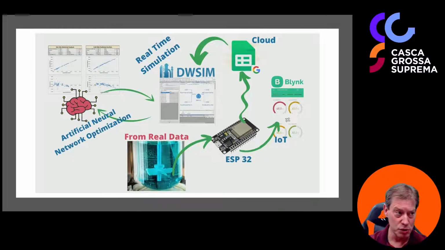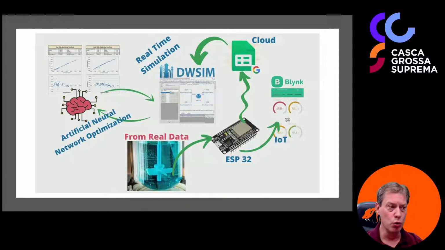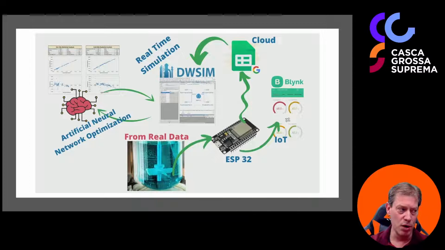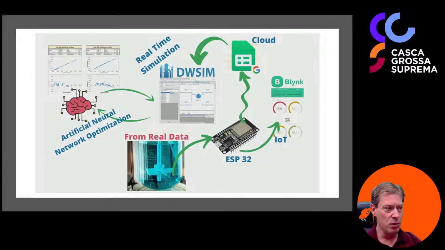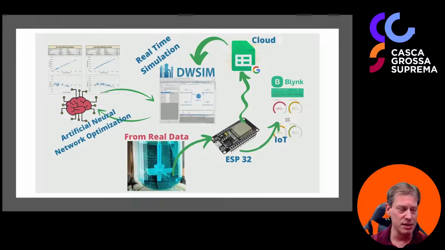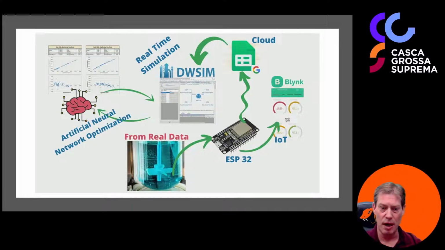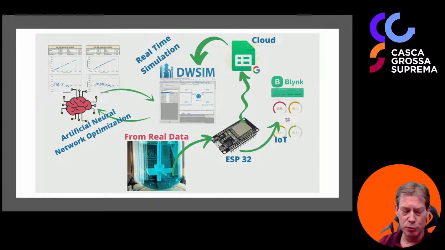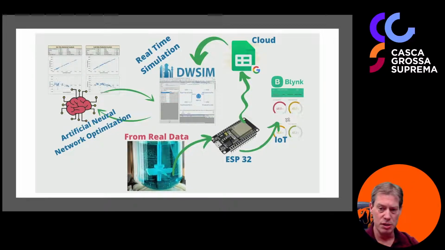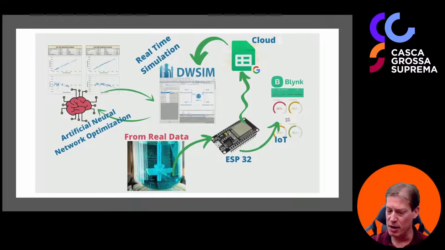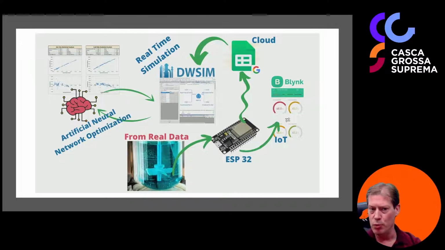So using a Python script, we read this data from the Google Cloud and perform optimization with an artificial neural network in real time, and then this data goes back from the DWSIM to the cloud, and the cloud sends this data to the ESP32, which uses it to have better control of the reactor.